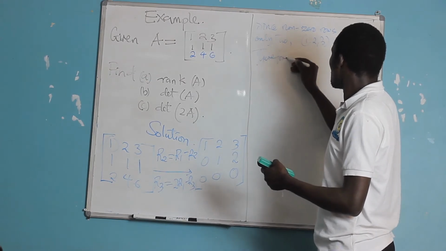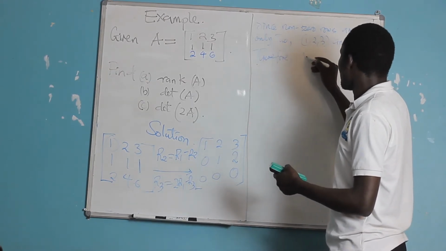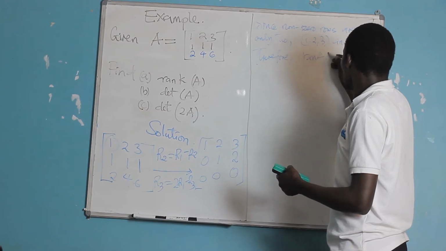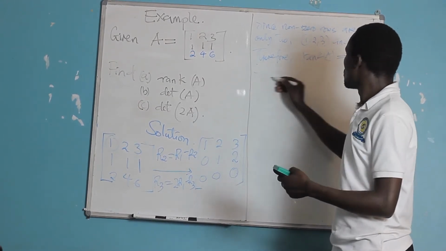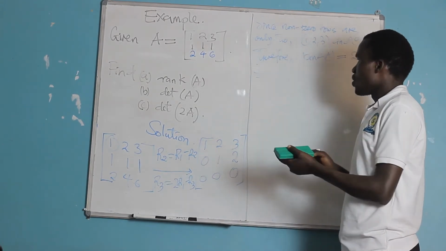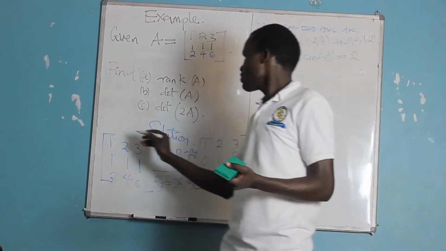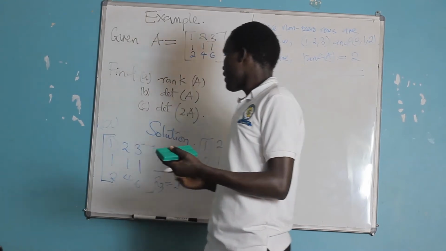Therefore, the rank of matrix A is equal to 2. Okay, this was A.